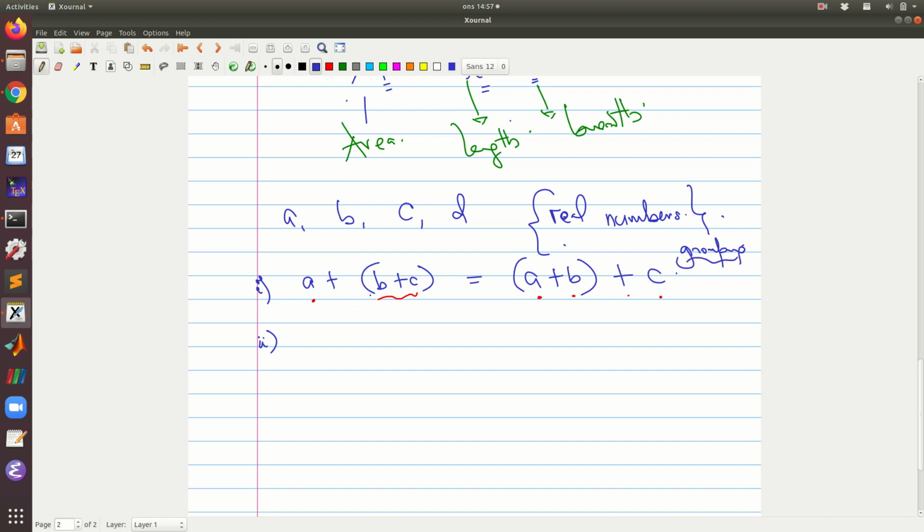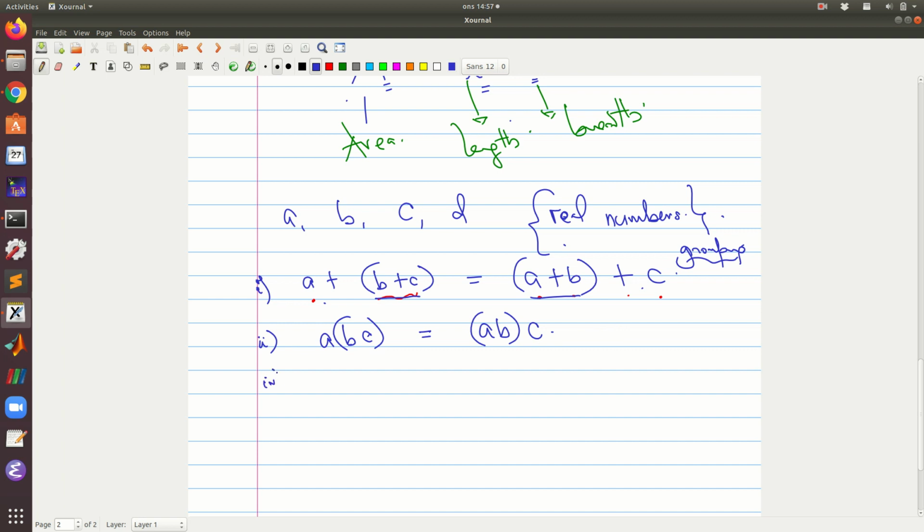You can first group this, compute that, and then finally that, or you can first compute that and then add that. That is for addition. Even for multiplication, ABC will mean A times B times C. So this A times BC is the same as AB times C. Still here, the grouping for multiplication does not matter.